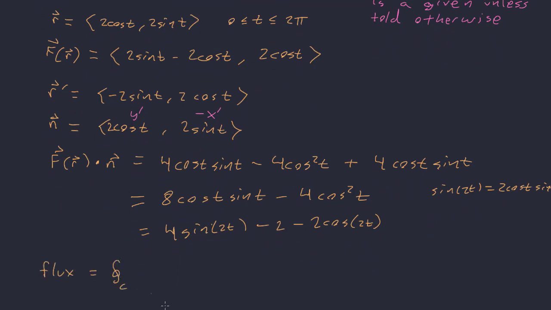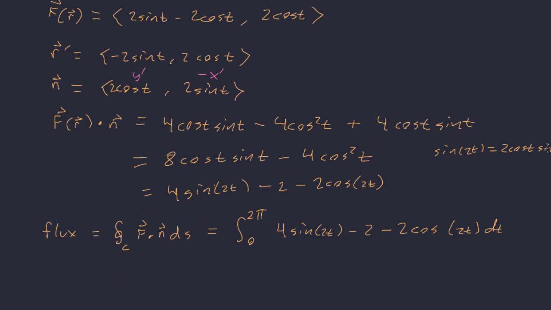All right, so the flux will be the integral over C of F · n ds, which will be the integral from 0 to 2π of 4 sin 2t − 2 − 2 cos 2t dt. Okay, so from here we'll just integrate, and this will get −2 cos 2t − 2t − sin 2t.